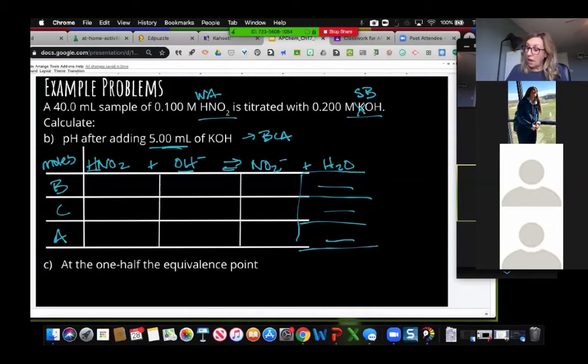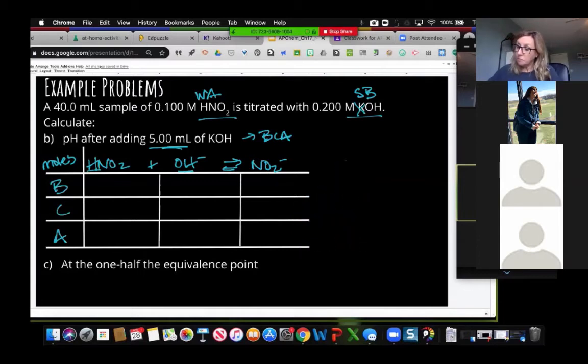Okay, so before I can put these in, and I'm going to erase this just because I don't have any room here, I have to change everything to moles. So for the HNO2, just to save space, I'm going to convert these to liters before I put them in. So 0.04 liters times 0.1 mole per liter is 0.004 moles of HNO2.